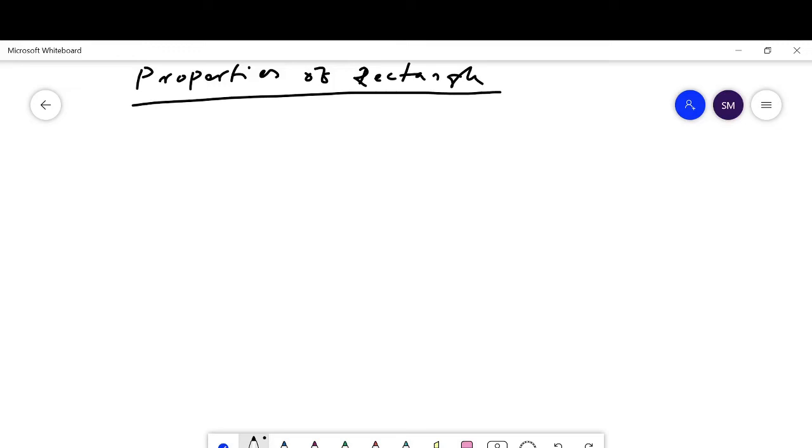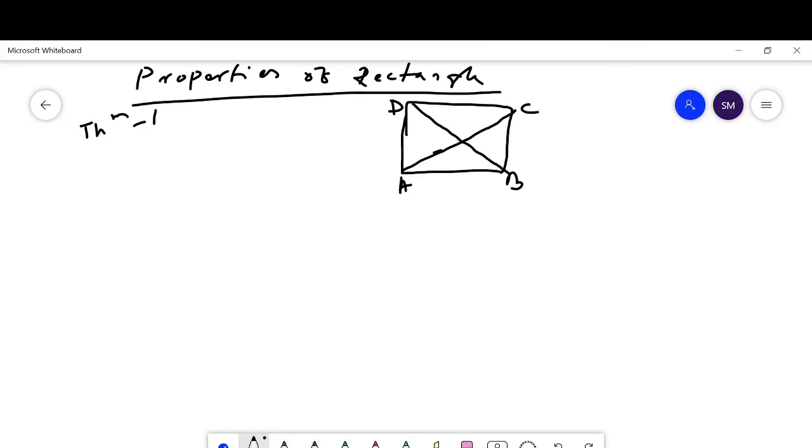Theorem 1 says, suppose ABCD is a rectangle and AC and BD are two diagonals that intersect each other at the point O. Then we have to prove that the measure of AC is equal to the measure of BD, meaning the two diagonals are of the same measure.